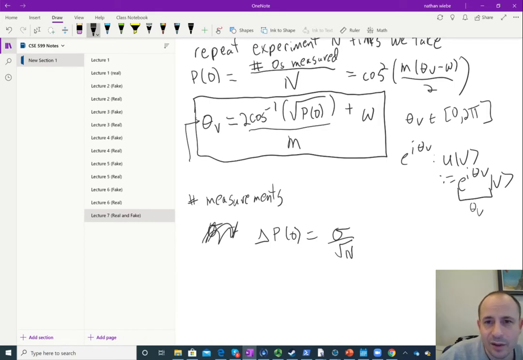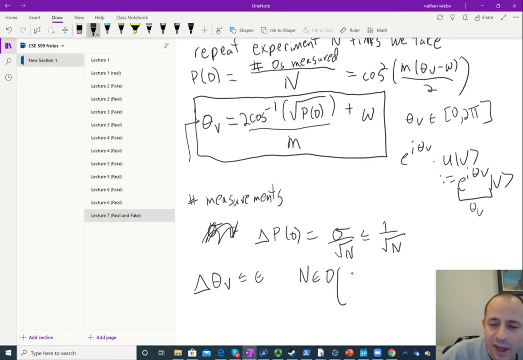Because the data set consists of just 0 and 1 data, this is less than or equal to 1 over square root n. So if we want delta theta_v to be less than or equal to epsilon, then it behooves us to take n to scale as 1 over epsilon squared.